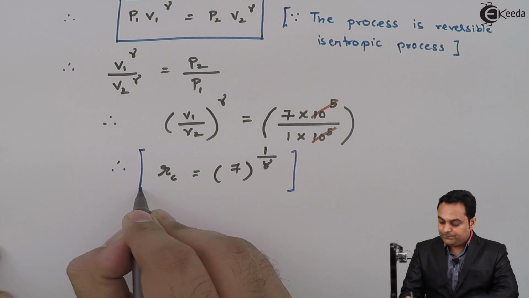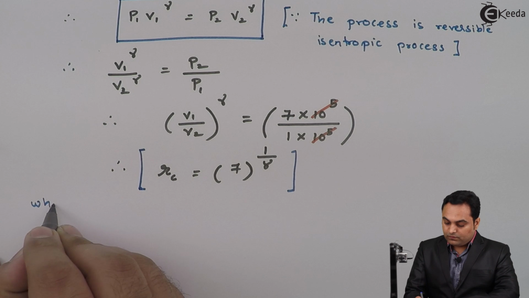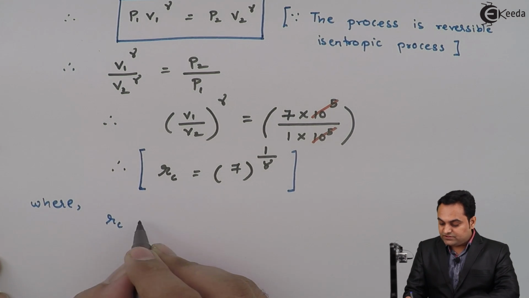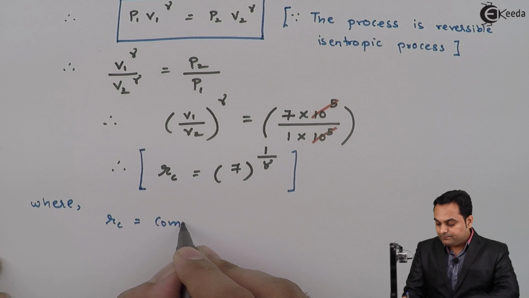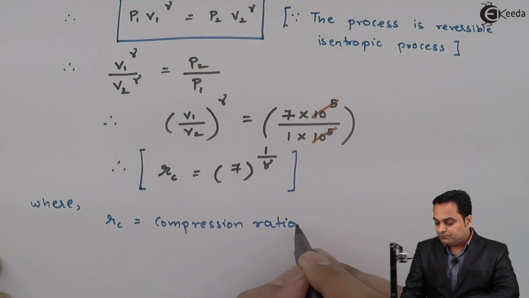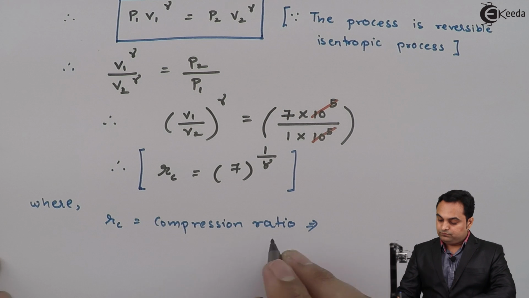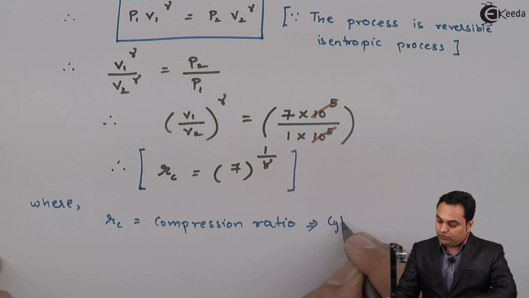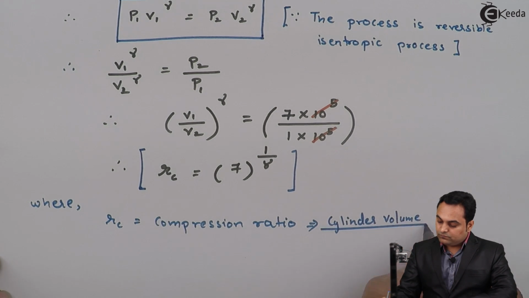I'll say that where R suffix C is called the compression ratio, and it is equal to cylinder volume upon clearance volume.